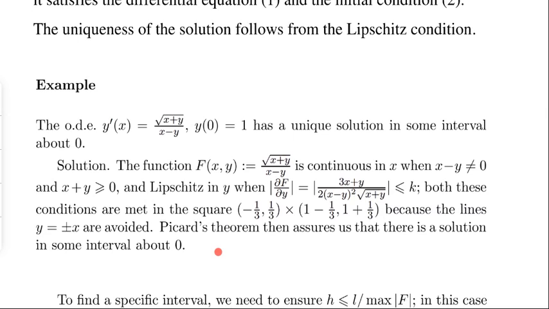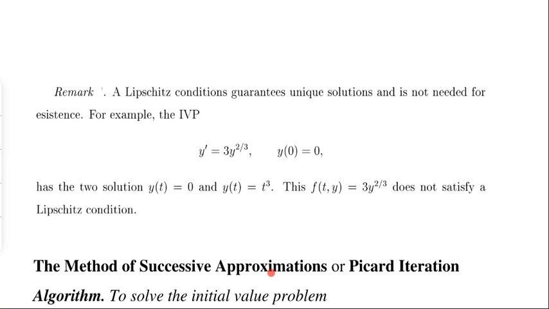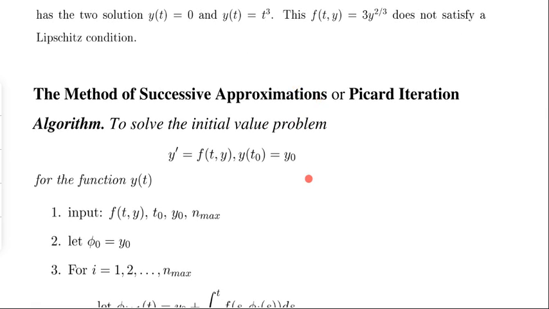Also, in the previous session, we worked on some examples related to this theorem, and based on this proof, we introduced our first numerical method in this course called Picard iteration.